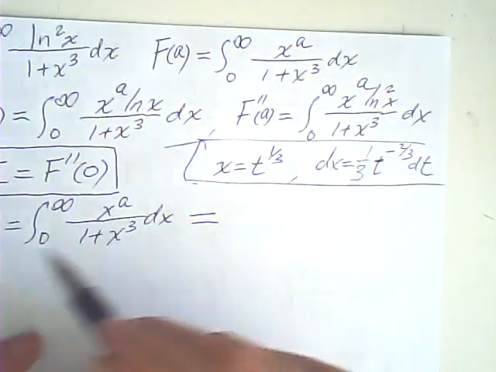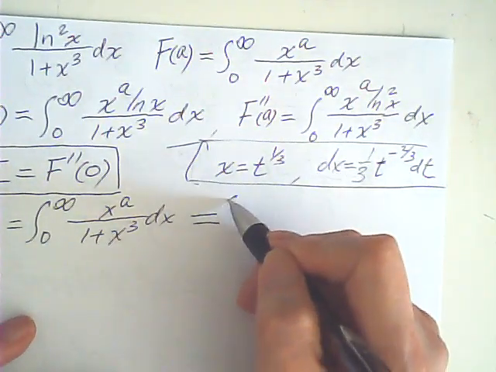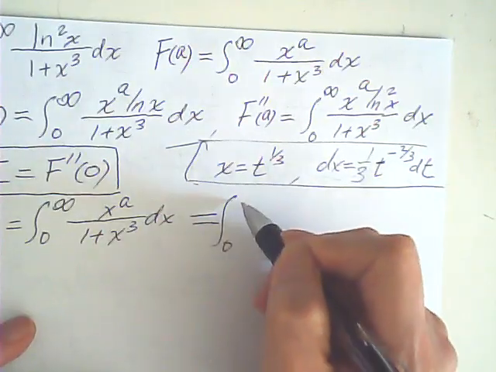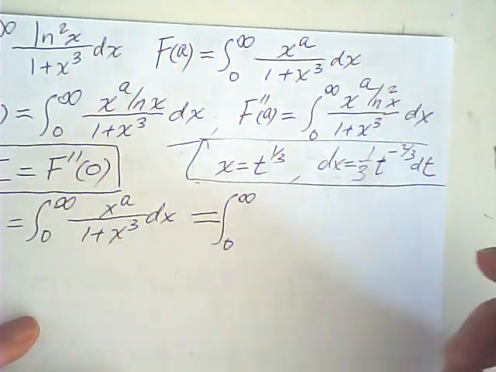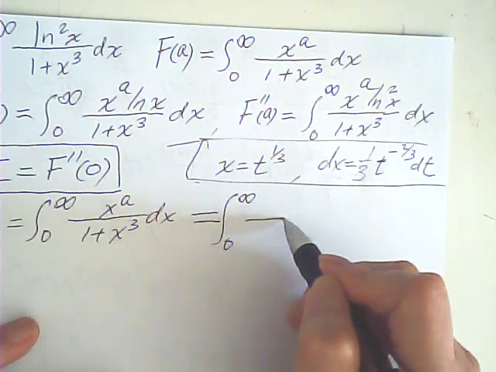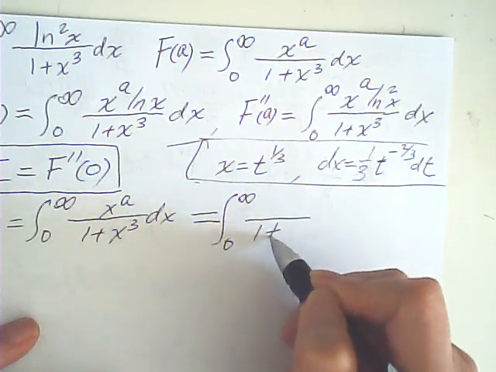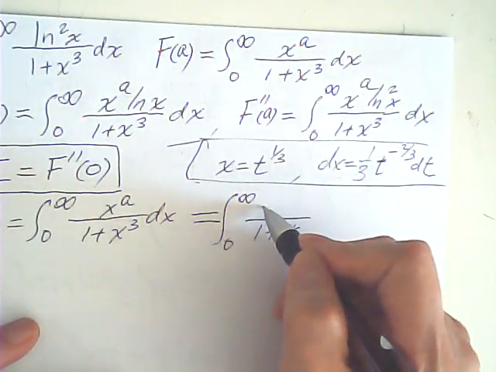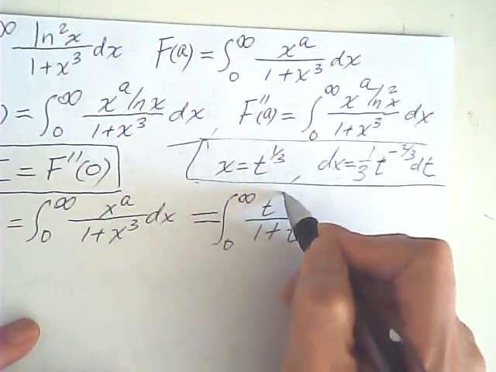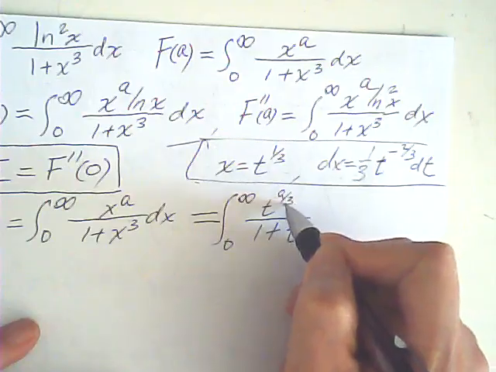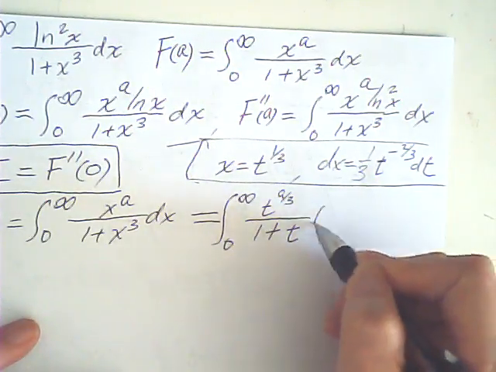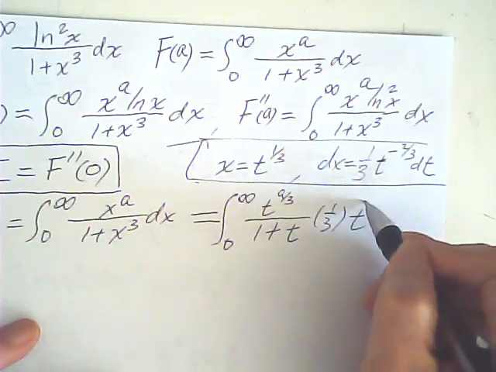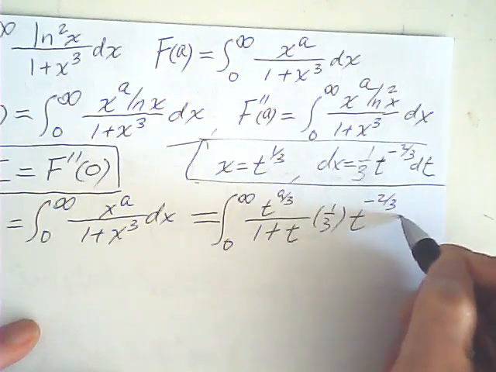So my f of a will be the integral from 0 to infinity, and this will be equal to 1 plus t, and this will be t to the 1/3 of a times 1/3 of t to negative 2/3 dt.